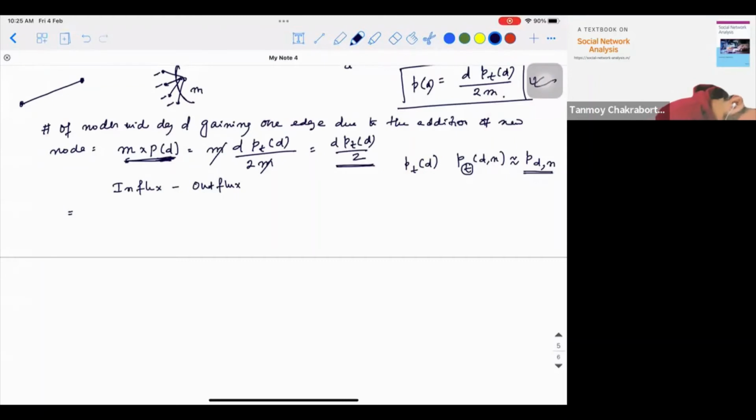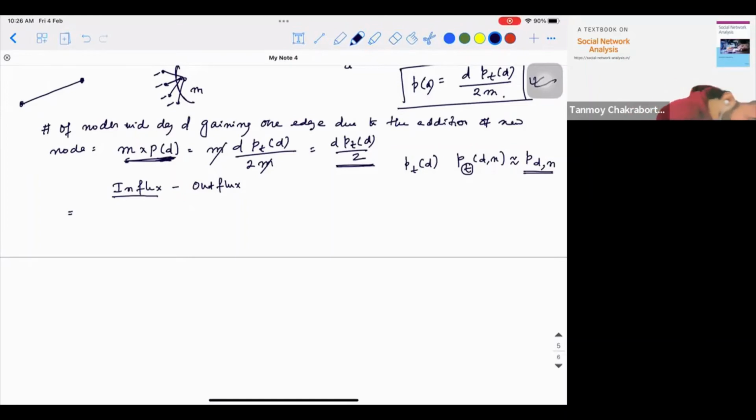Okay, so influx, again, what is influx? Influx is number of nodes with degree d minus 1 which has got affected, right, and became nodes with degree d, right, at this time, and outflux is the other way around, right? So in general, influx is the number of nodes at that particular point whose degree is d.